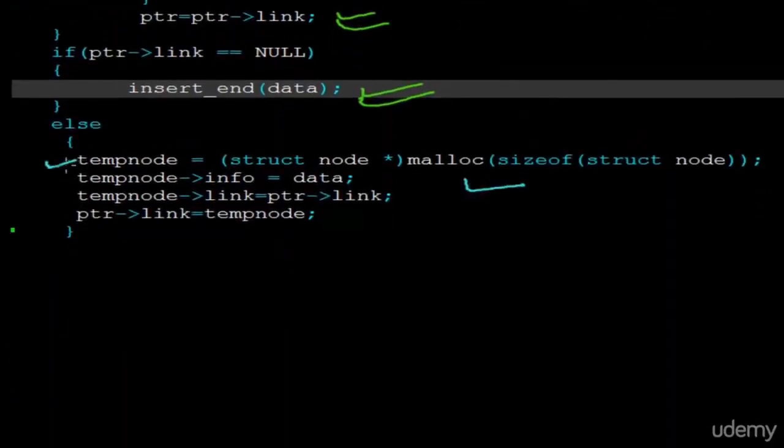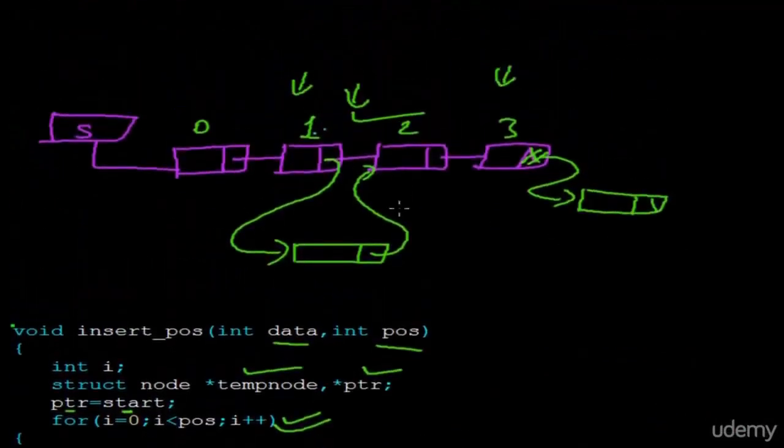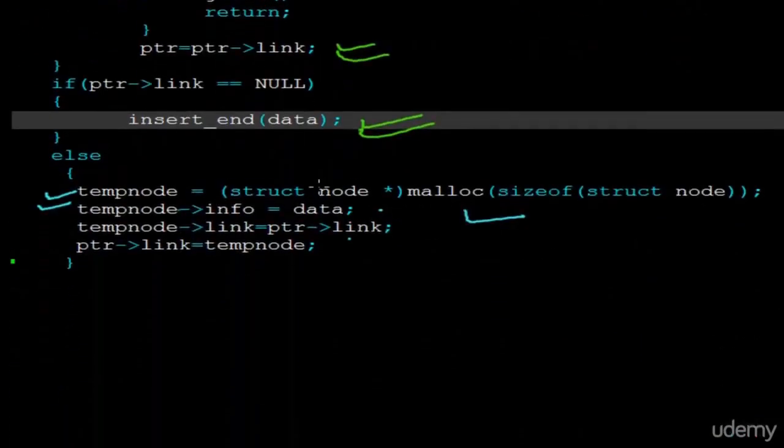We will create a temp node, we will write the data into the info part of this temp node, and then we will write the ptr's link part into the temp node's link part. What is the case? This is ptr. So ptr's link part, which contains the address of the next node, will be copied in here by executing this statement.